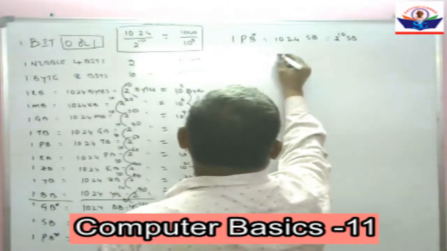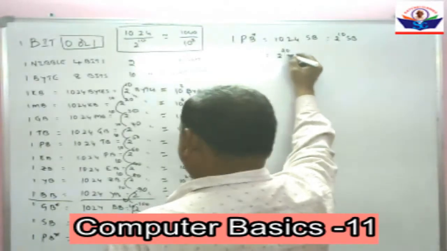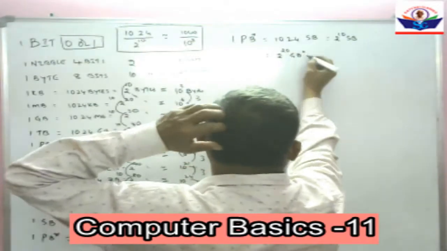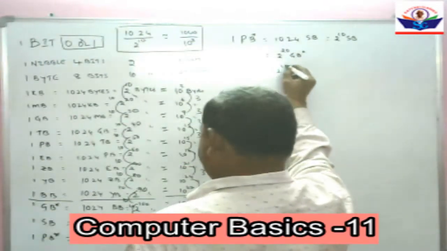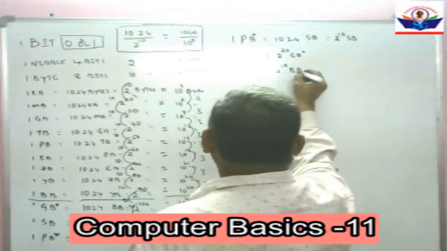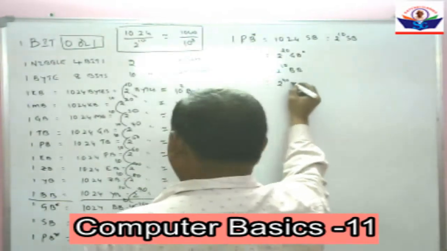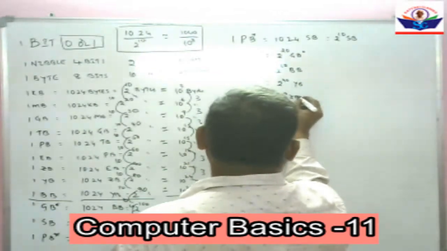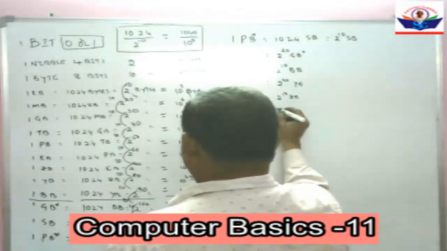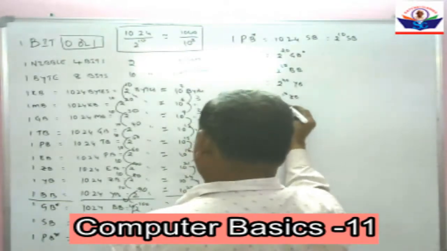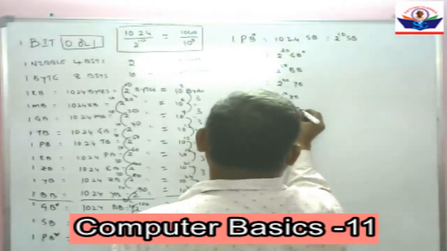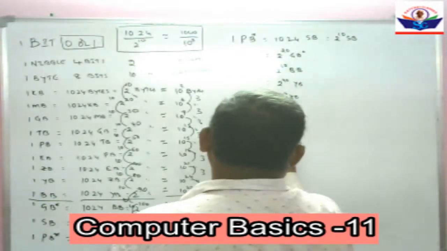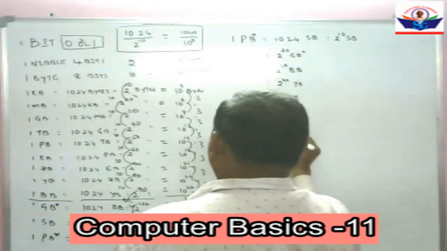Which is equal to 2 to the power of 20 geobyte. That is equal to 2 to the power of 30 protobyte. That is equal to 2 to the power of 40 yottabyte. That is equal to 2 to the power of 50 zettabyte. That is equal to 2 to the power of 60 exabyte. That is equal to 2 to the power of 70 petabyte. That is equal to 2 to the power of 80 terabyte.